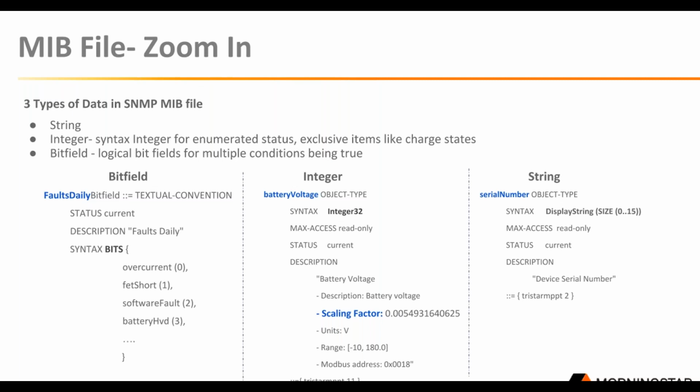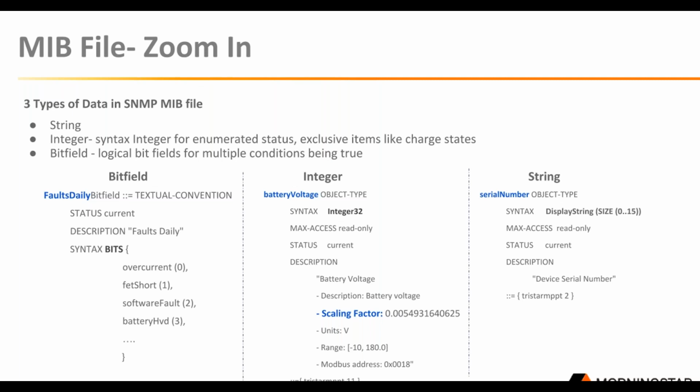If it's a voltage measurement or a current measurement or a temperature measurement, they all have different scaling factors for each device. And then there's also the bit field. I'm sorry, I'll back up one step. The integers, there's another type of data called enumerated field. It's similar to bit field, but what it shows you is, for example, a charge state for your battery: you can be in float, absorption, equalize, etc. But you're only in one state at any given time.